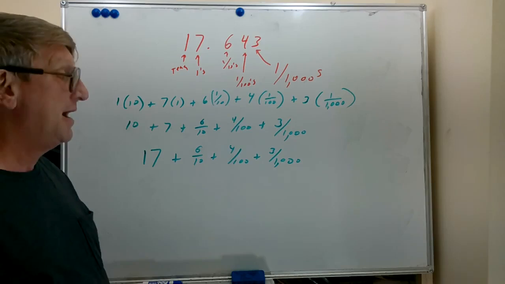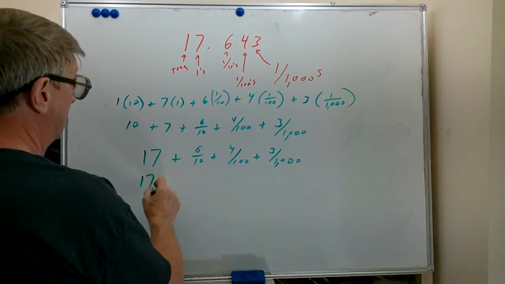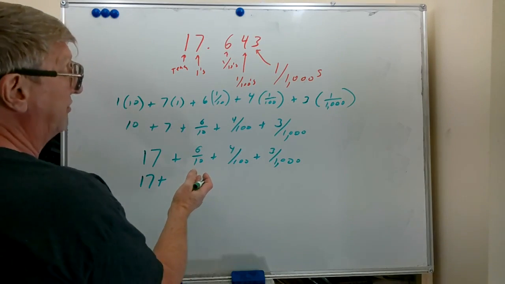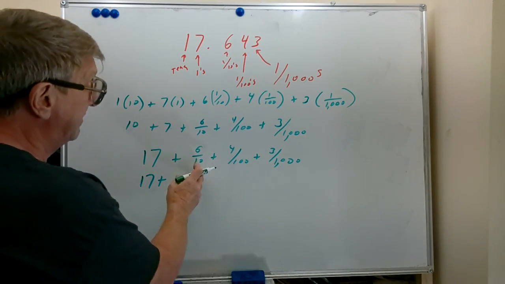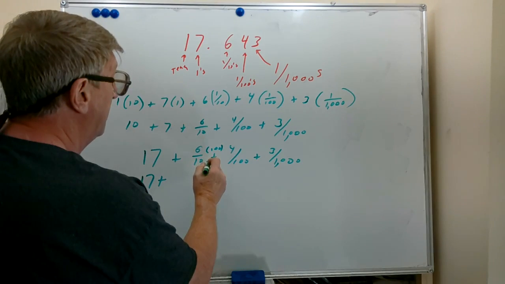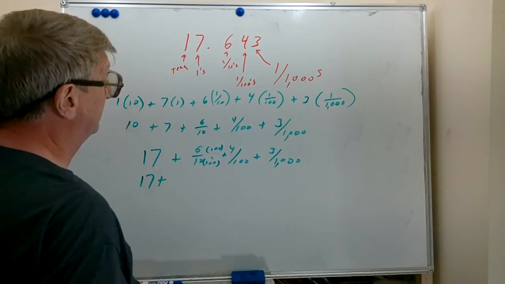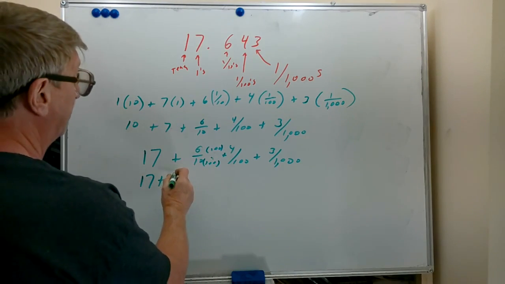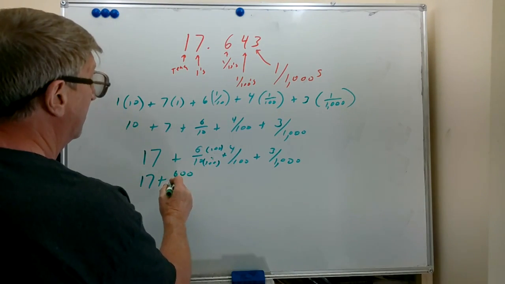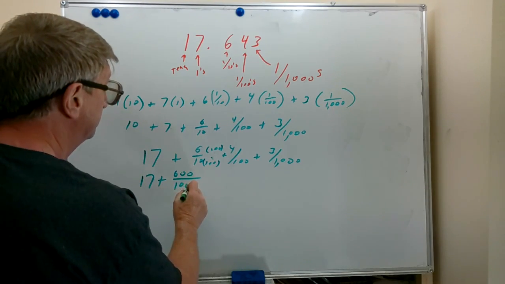We need the same denominator to add fractions. Let's see, 17 plus 6/10ths. If we multiply the numerator and the denominator by 100, that becomes 600 over 1,000.